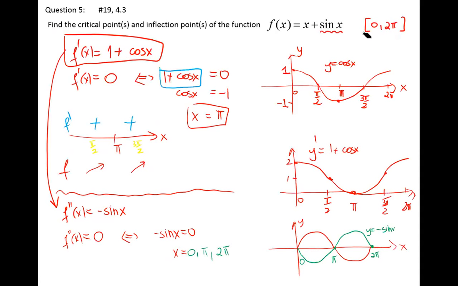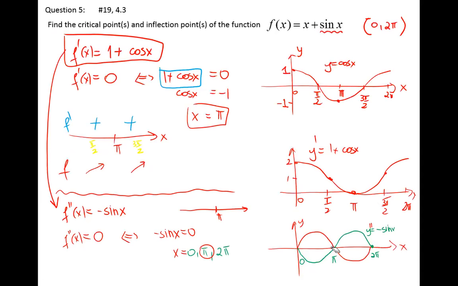inflection points, but I will not include the endpoints because, if I test, I don't know what is going on on the other side. That means I will only take pi. The easiest way is to have an open domain, which means we're not including the endpoints. If this is pi, we have the green graph, the graph of the second derivative.